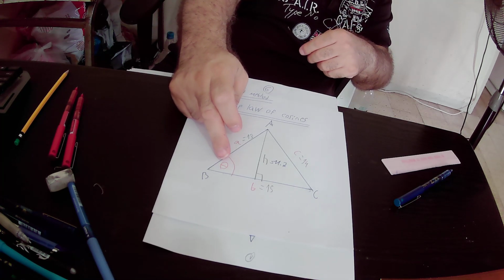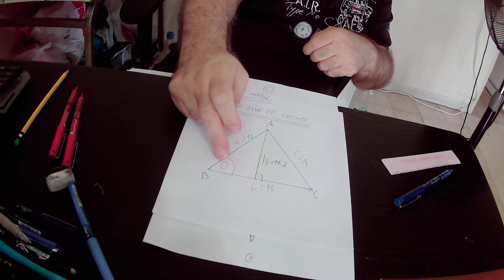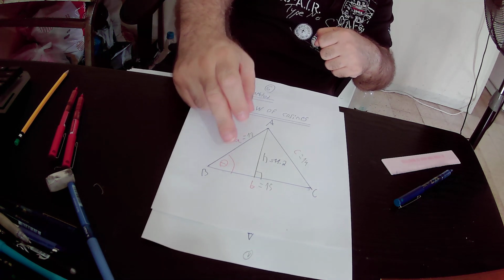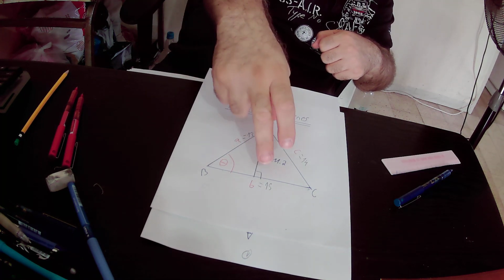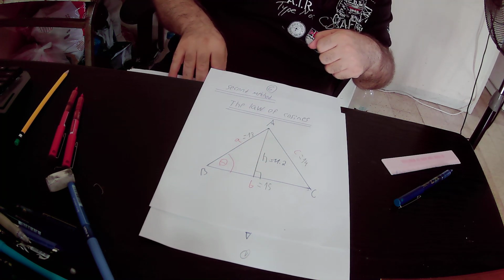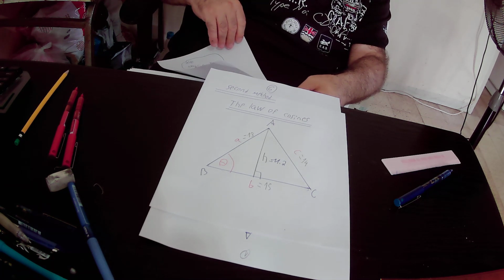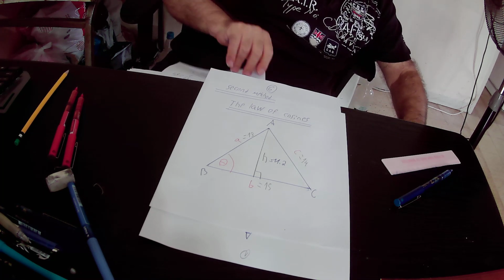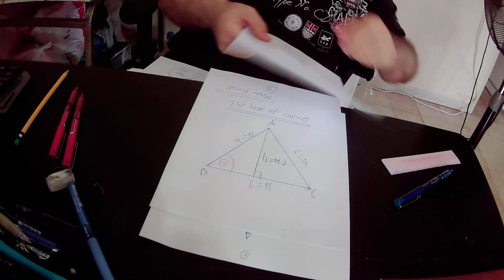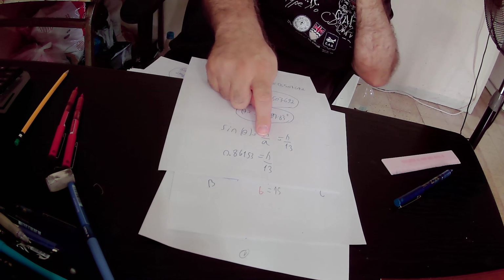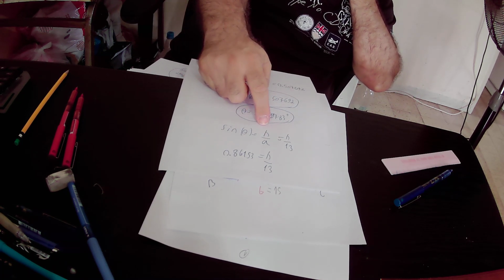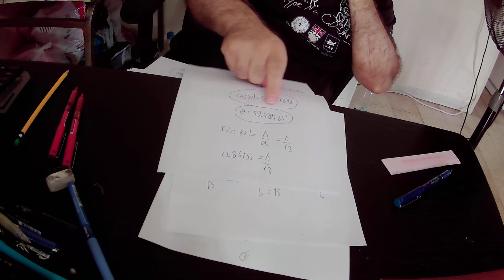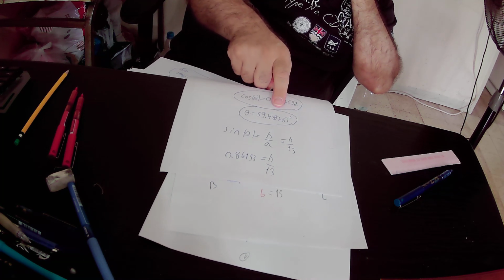Theta equals 59.5 degrees, more or less. So sine theta will be equal to h over a. Sine theta equals h over a, and the only missing variable here is h, because we found out that sine theta equals this number.